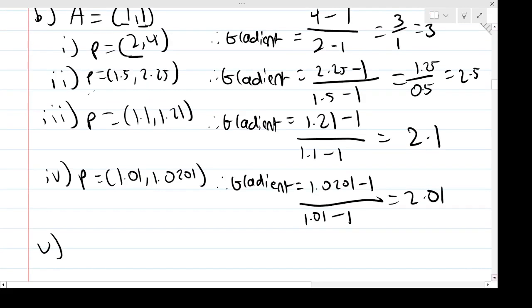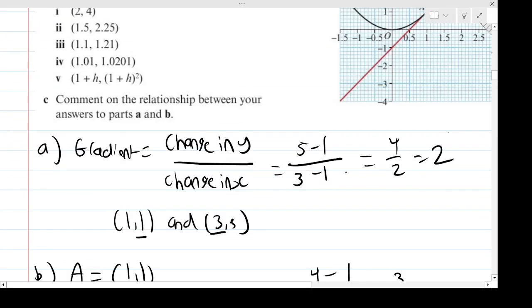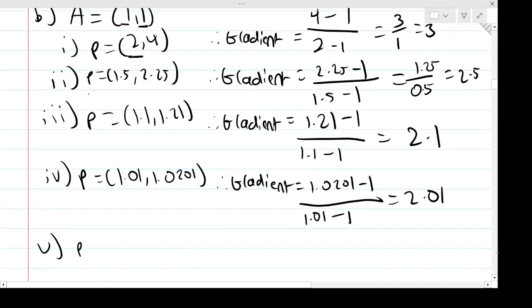Okay, then for part 5, P is now 1 plus h, and 1 plus h squared. So there's a bit of algebra, but again, h is just a letter, it's just a number, so we can do the same thing as if it's just a number.